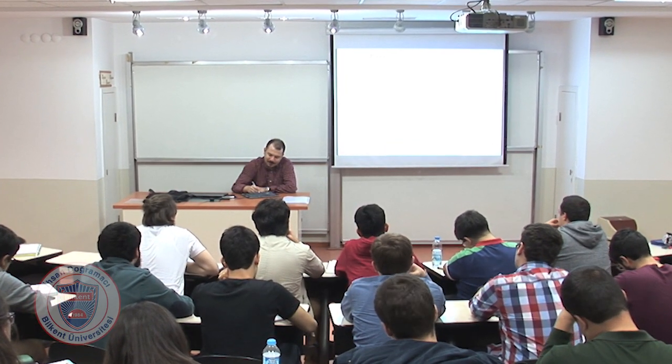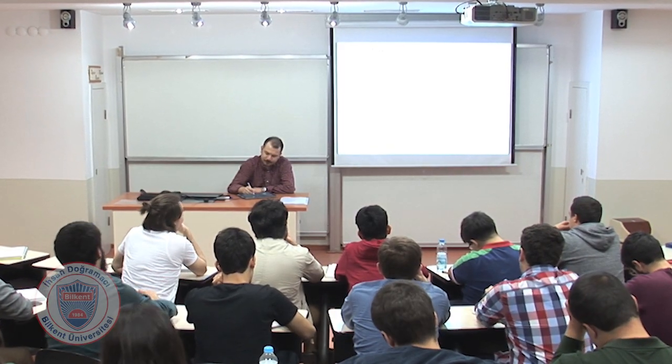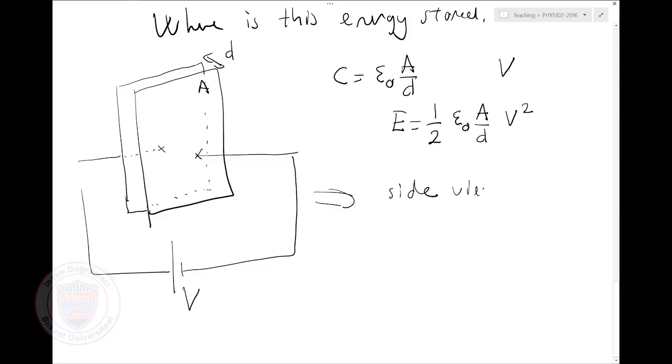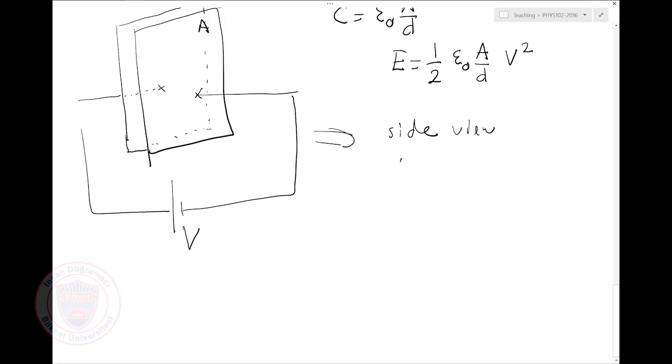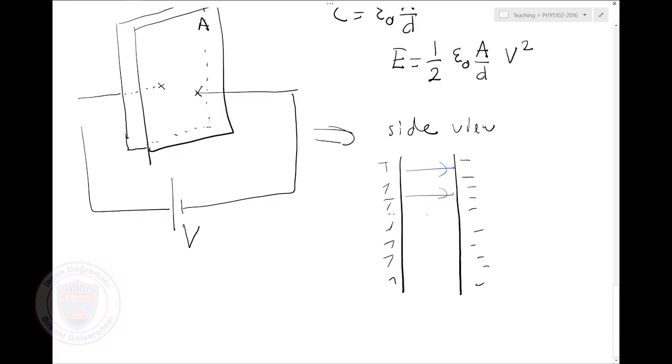Now, look at the system from the side. From the side, I see the following. There are minus charges here, plus charges here, and in between, I have a uniform electric field. What's the value of the electric field? Let's try to find out.